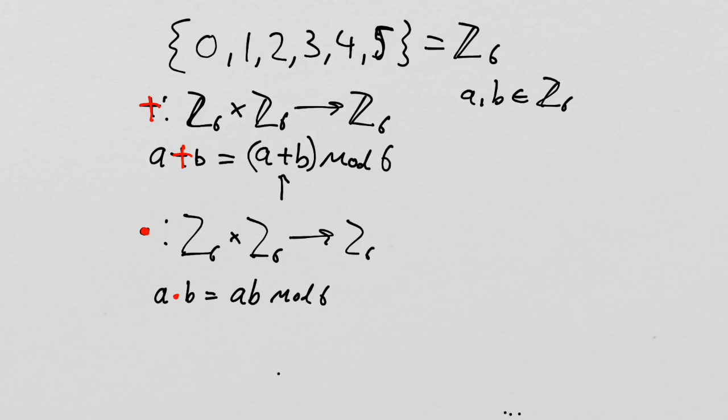And in this case, you definitely have a unit, right? You have an identity, which is 1, right? So, 3 times 1 equals 3, and 1 times 5 equals 5, right? That's all good.